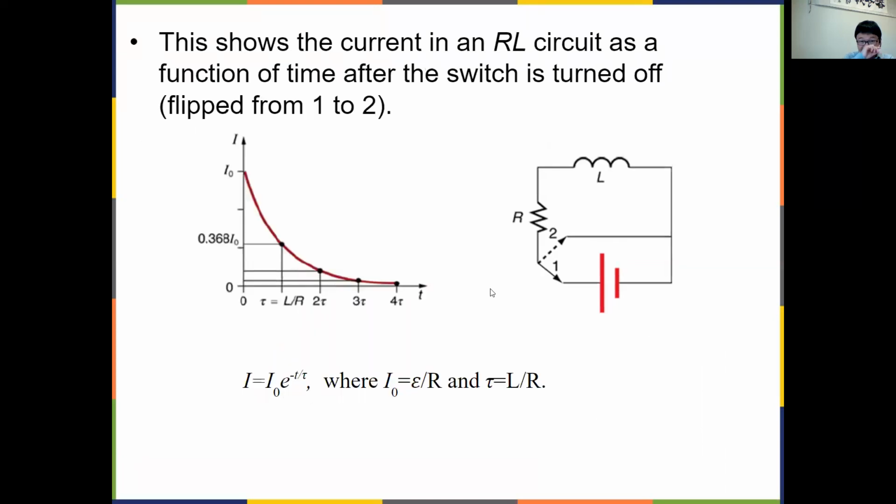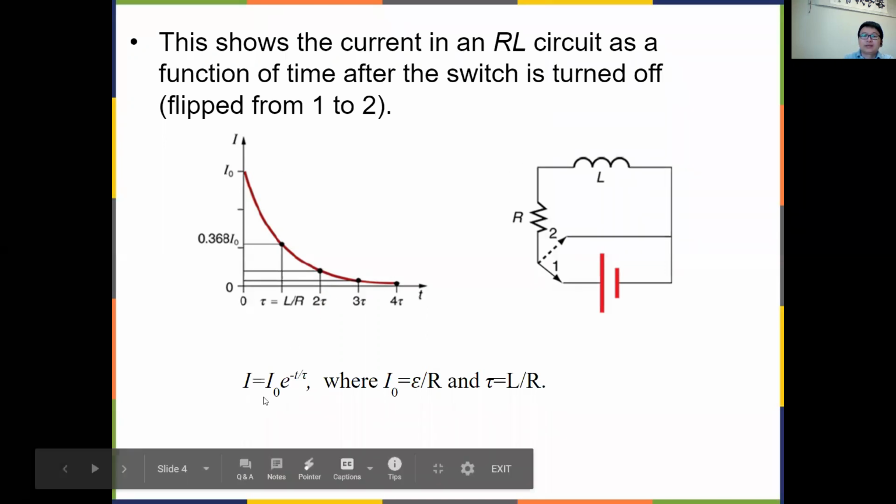If you flip your switch to 2, the energy stored in the inductor will be consumed by the resistor. The circuit will have a current that decreases exponentially, given by the equation I equals I naught e to the minus t over tau, where again I naught is epsilon over R and tau is equal to L over R.